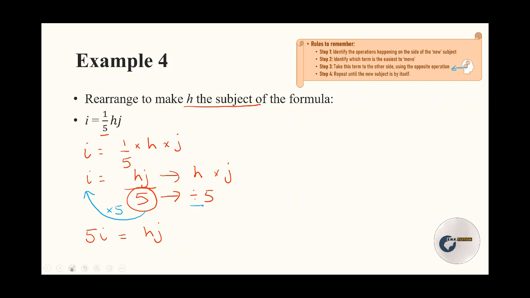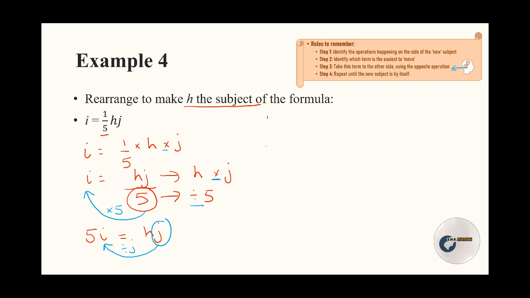So now we're dealing with j, and we know that this was multiplication as identified here in step 1. So now we go to step 3, we take it to the other side by using the opposite operation, which is division. So we're now dividing by j. And again, as we said in the earlier example, we have to divide everything by j on the other side.